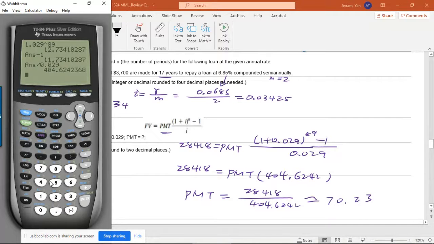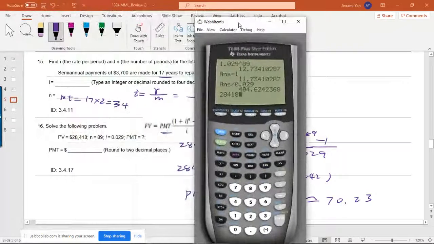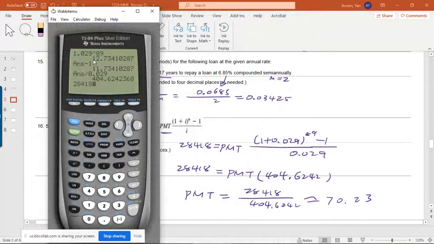Yeah, that's right. Okay, and then we're gonna use 28418 divided by that. So that's 70.23. Yeah.